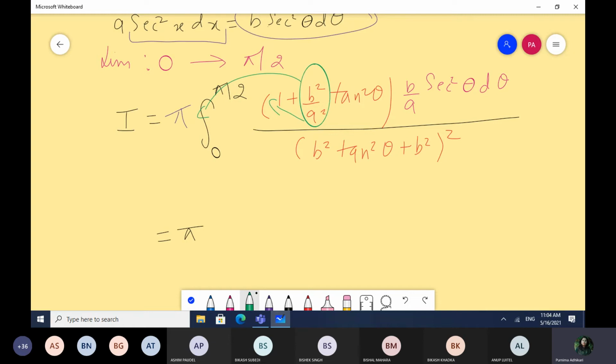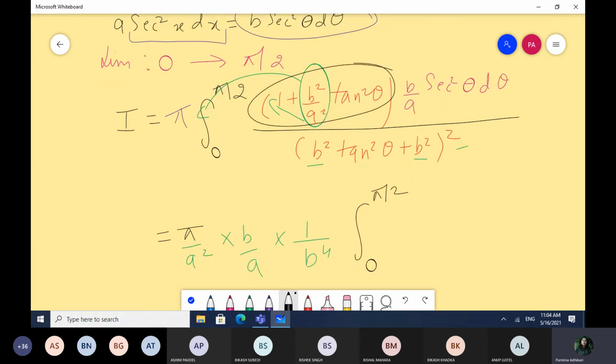So pi over a square, and then b upon a. Next expression बाट b upon a. So from next expression you will get b over a. And from denominator, you will get b square whole square. So you will get multiply by 1 by b to the power 4. So we have taken all the constants outside. So what is left? What is left with us? Here, this expression.